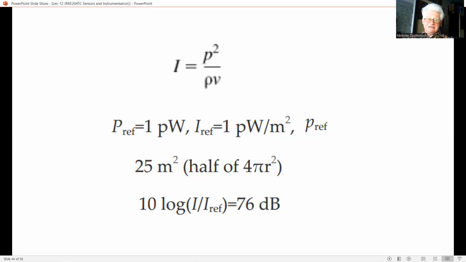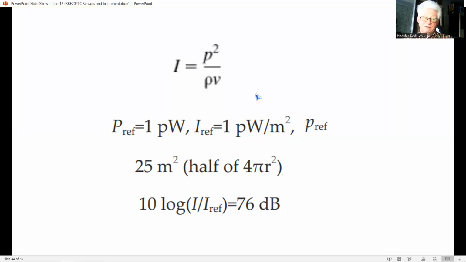The relation between intensity and pressure in the free field, in case when we have no reflection, is simply given by the equation, as you can see here on the slide, where P is the pressure in root mean square, or RMS value, rho here is the density, and V is the speed of sound. This equation is only valid in a free field.